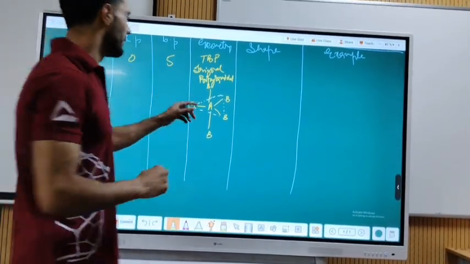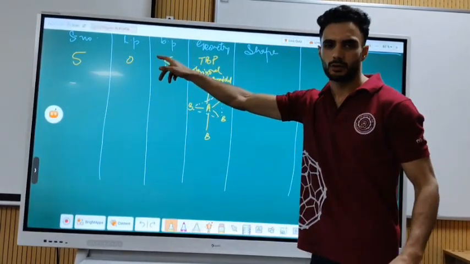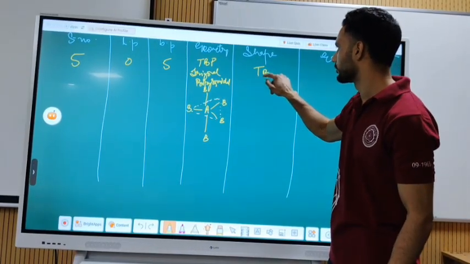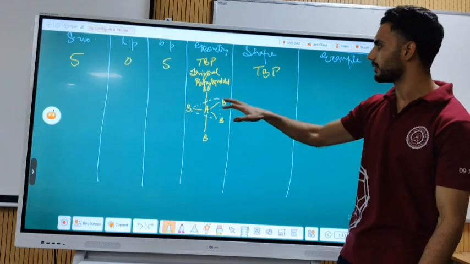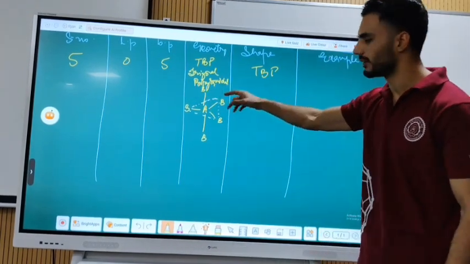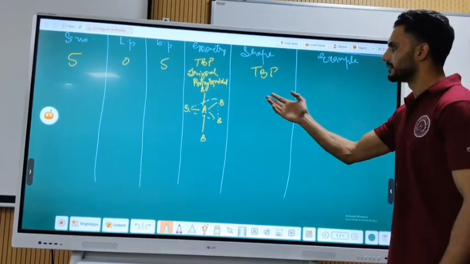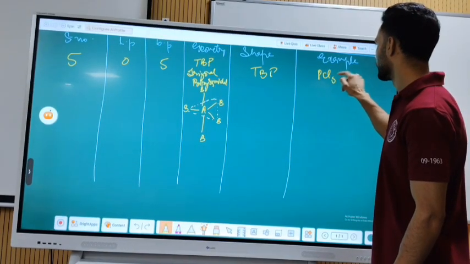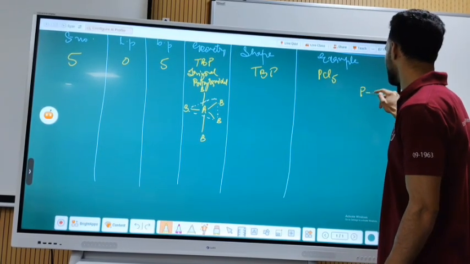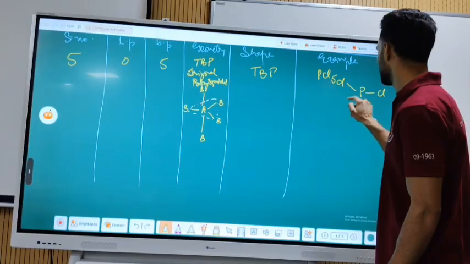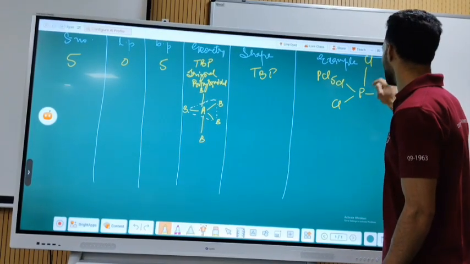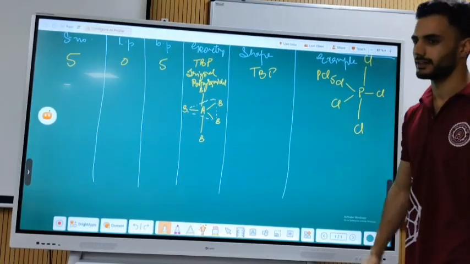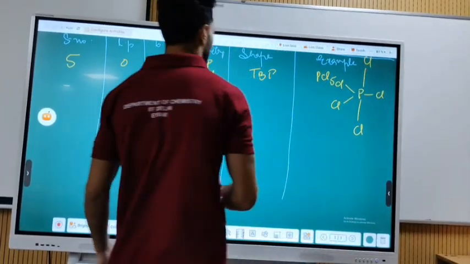Since the number of lone pairs is 0, the shape will also be trigonal bipyramidal, because there is no lone pair. Its example is PCl5 or PF5, P with 5 Cl, or we can take PCl3F2 or something else.